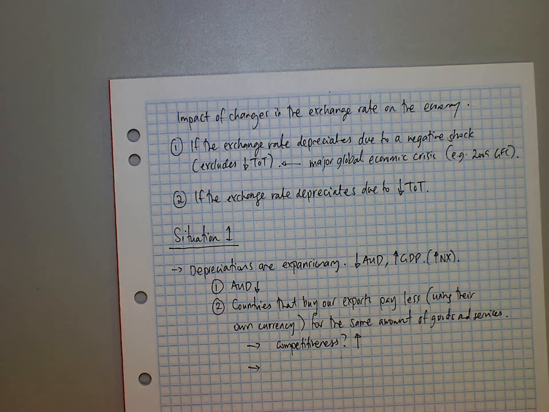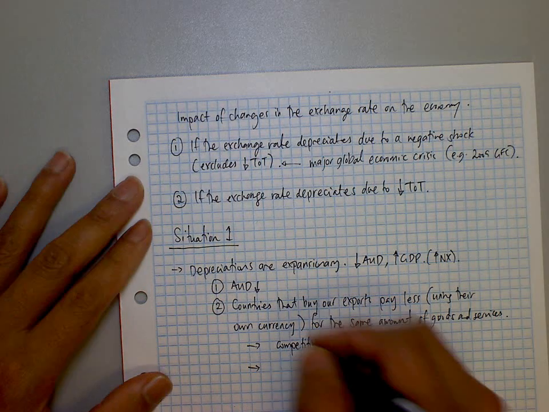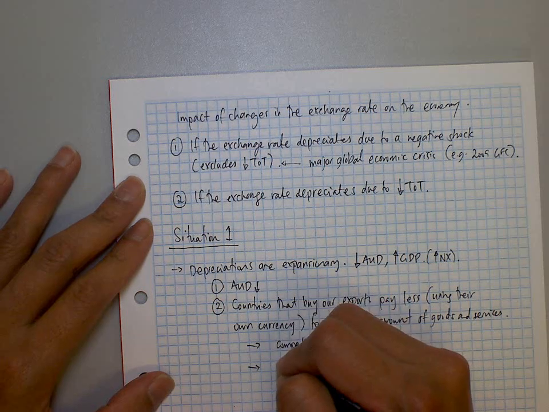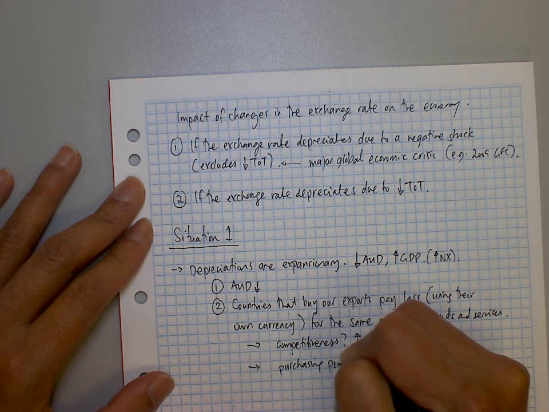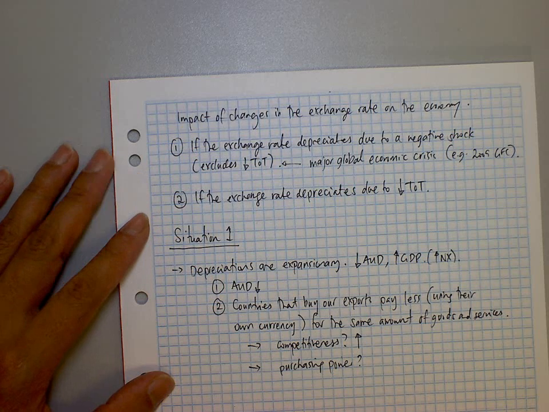So it increases because non-residents need to pay less. So what about our purchasing power? Yeah, good. So it decreases because the Australian dollar is now worth less.